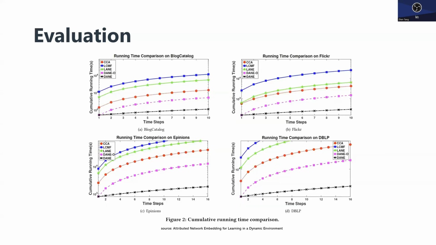Authors also evaluated the efficiency of the DANE model. This graph shows the cumulative training time for each model on 4 different data sets. You can see that DANE with online part, like online update part, is the black line in each subgraph, and it is at least 10 times faster at step 10, and it is sometimes 100 times faster than some model at step 10.